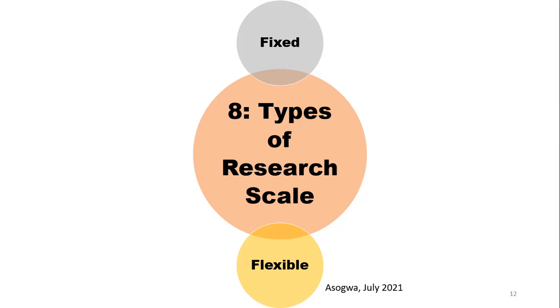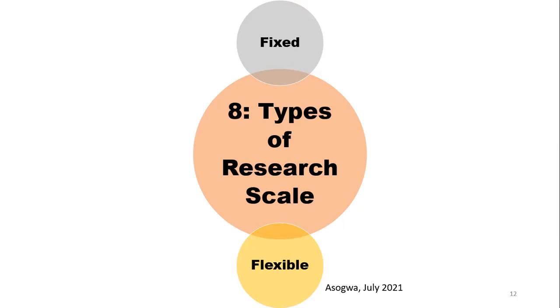Human beings are already fixed. You cannot have half a human being. You only have 1, 2, 3, 4, 5. This is not completely the same with the nature of the data you collect. There are places where you cannot carry out this study apart from that particular place. It must be carried out in that place. So it is fixed in terms of place. It is also fixed in terms of data.